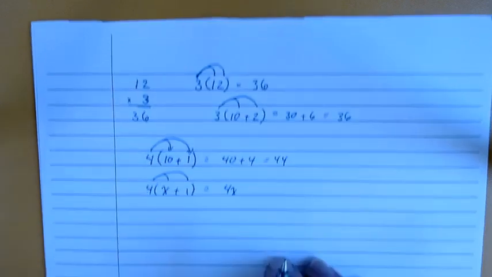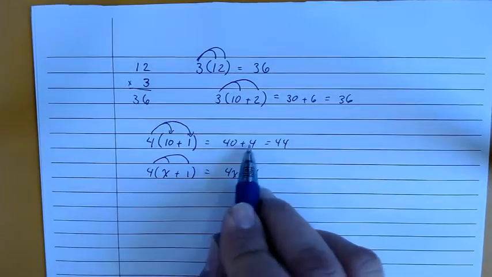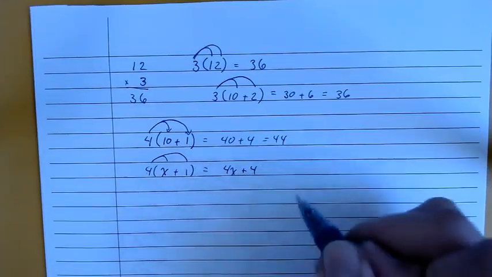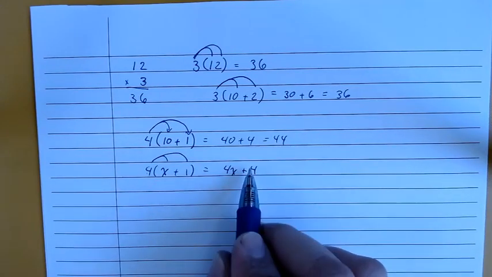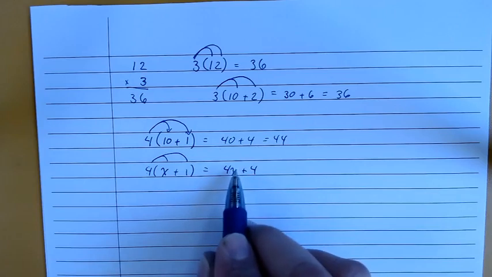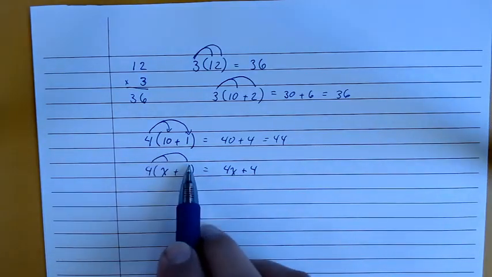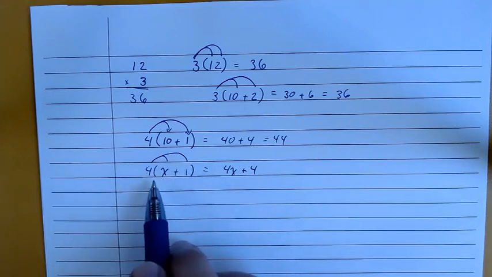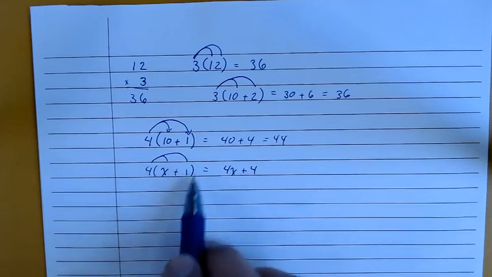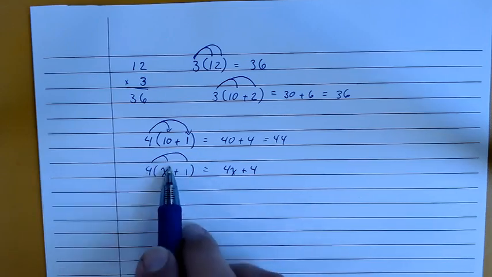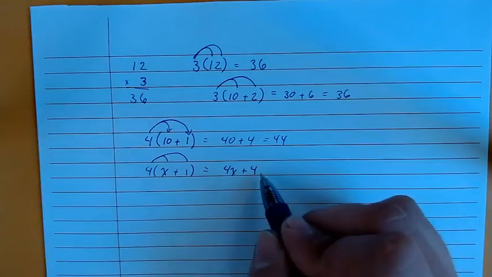That's the best I can do. But over here, 4 times 1 is 4. And again, those are being added together. Now, unfortunately, I can't take it one step further and actually add those because I don't actually know what x is. But what I can do is I can multiply this out to simplify it down. Notice I have fewer terms to work with. I have fewer things. I don't have any more parentheses. And here, instead of having 2 multiplications, I only have 1. So I've simplified my expression down a bit.